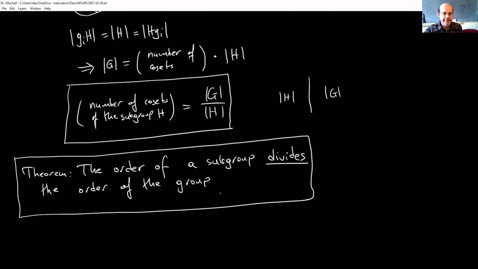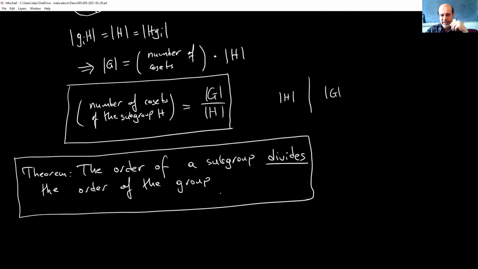Okay, so as a result, for a given finite group, we basically have a limited number of possibilities for the sizes of the subgroups.